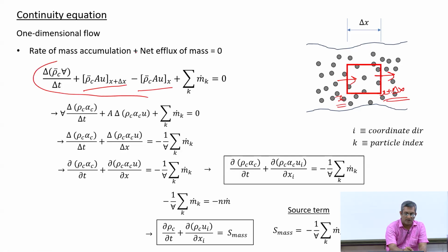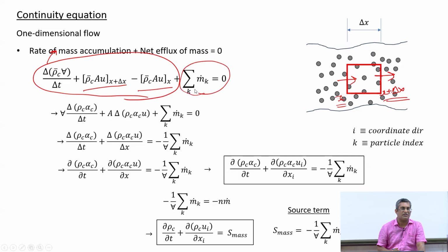Okay, so this term basically refers to rate of mass accumulation plus we have this term which represents the mass generation. Okay. If we have evaporation, then it is mass generation. If you have condensation, then mass is depleted. Okay. So basically we sum up the contributions for mass from all terms, and now that must be equal to 0.